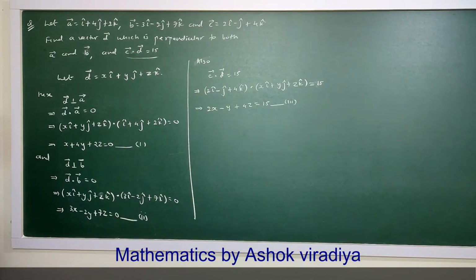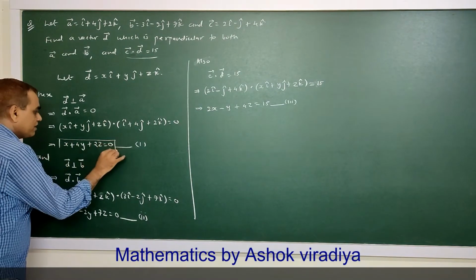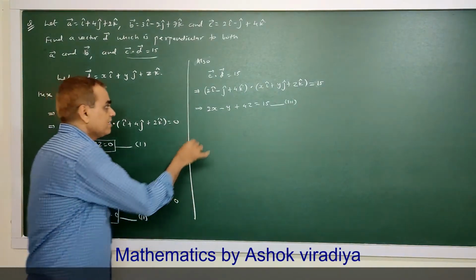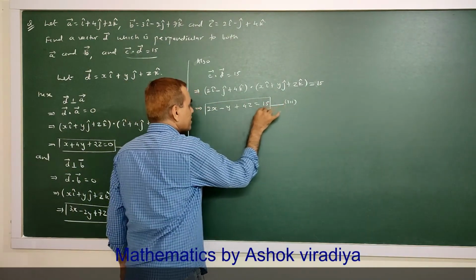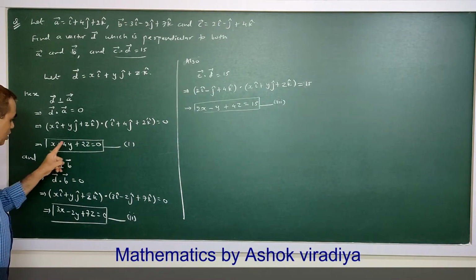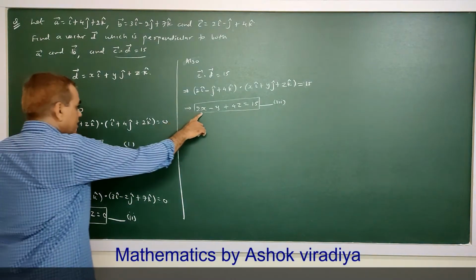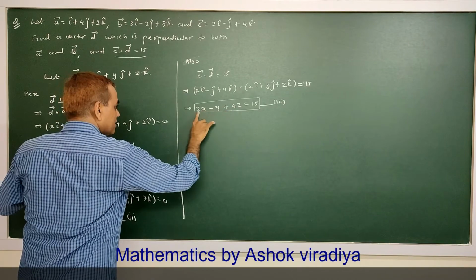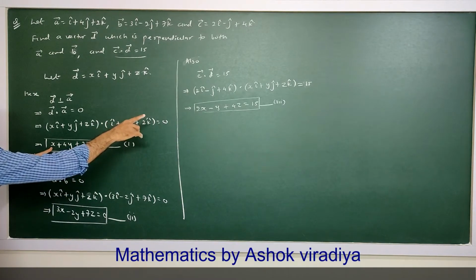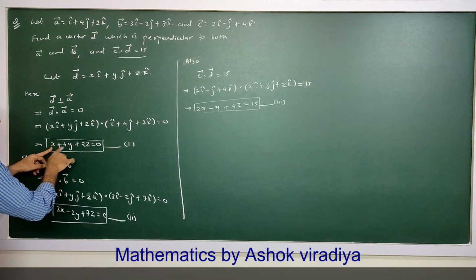Now we solve equations 1, 2 and 3. Solving them, we can get the scalar components of vector D, which are x, y and z. Now observe these equations. Here x and 2z, here 2x and 4z. So if I multiply equation 1 by 2 and subtract it from 3, we can eliminate x and z both.